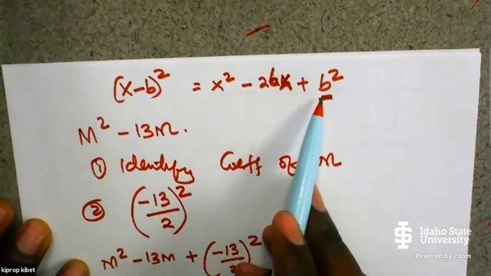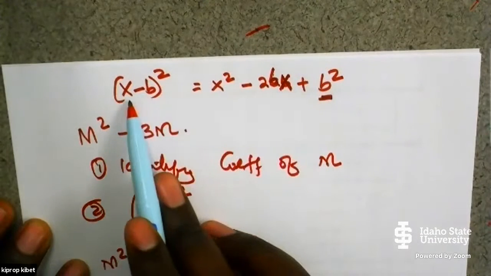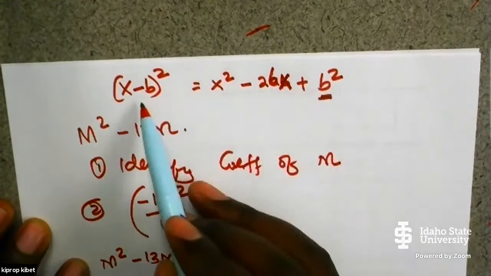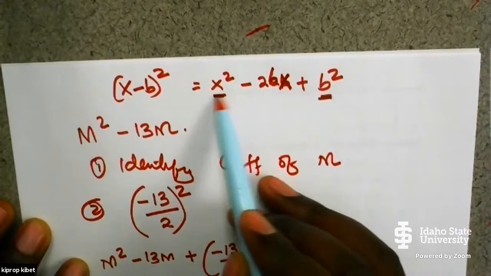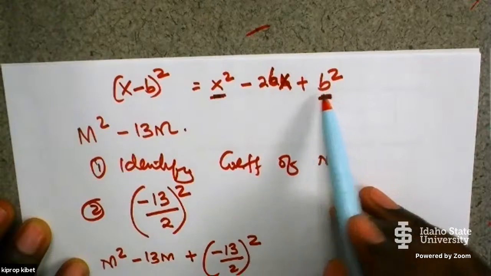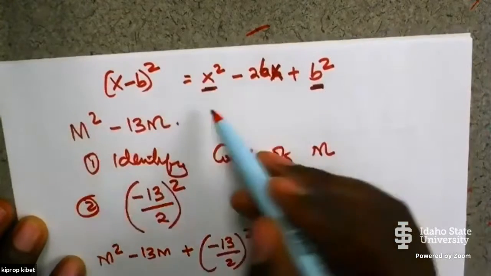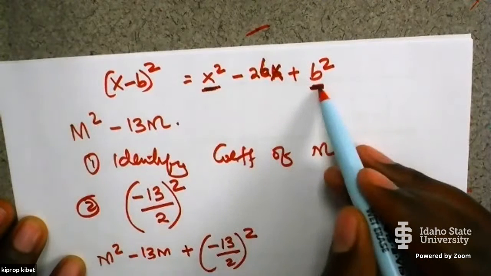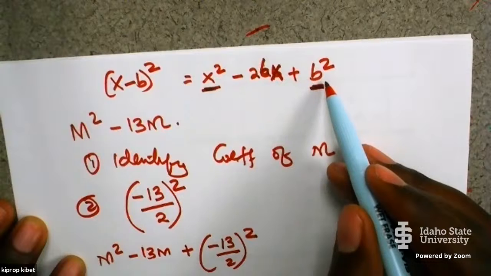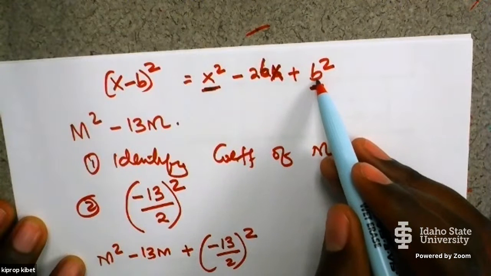You take x, and the b from here, by finding the square root, so you take b only.